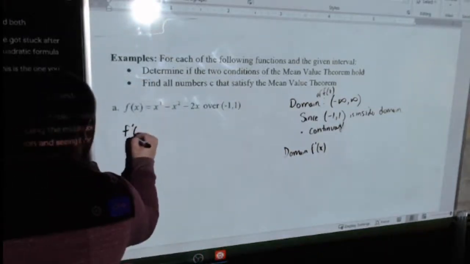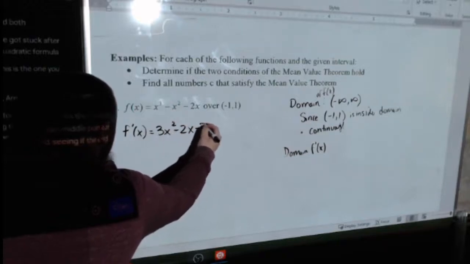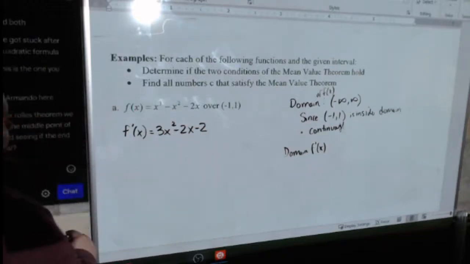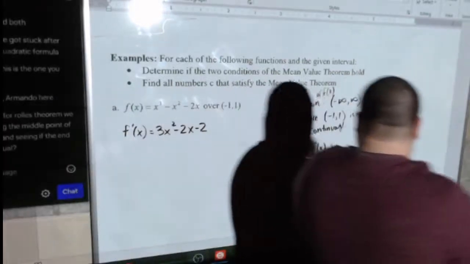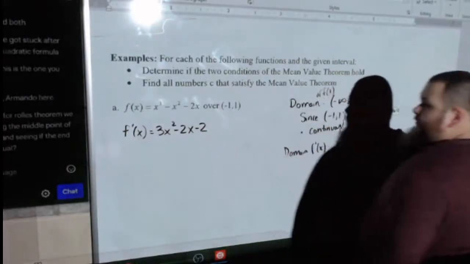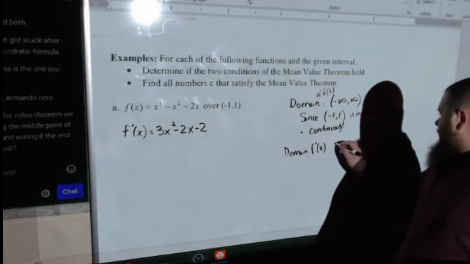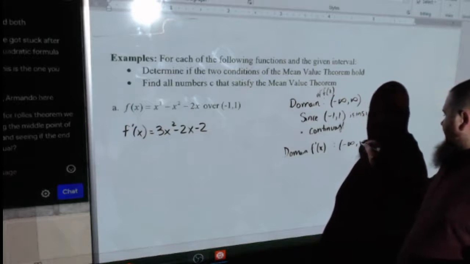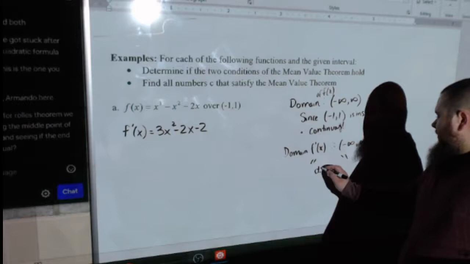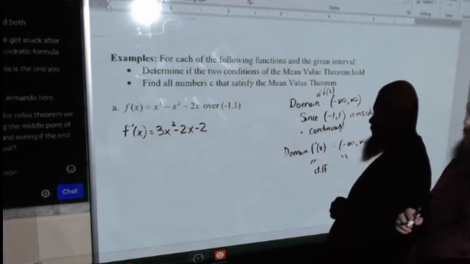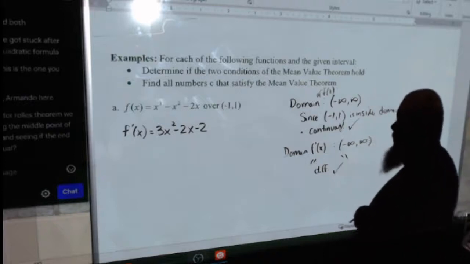So f prime is 3x squared minus 2x minus 2. Pretty straightforward. The domain of that function, again, because it is a polynomial, is minus infinity to infinity. Same reasoning, differentiable. Okay, so we've checked off that it's continuous and differentiable.